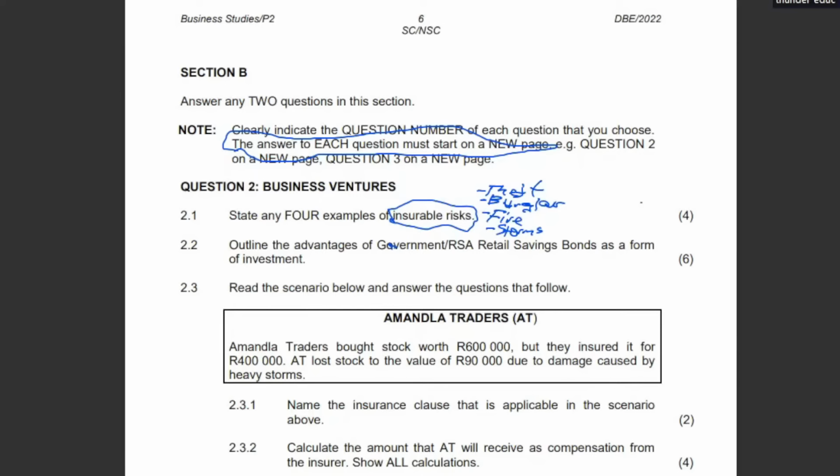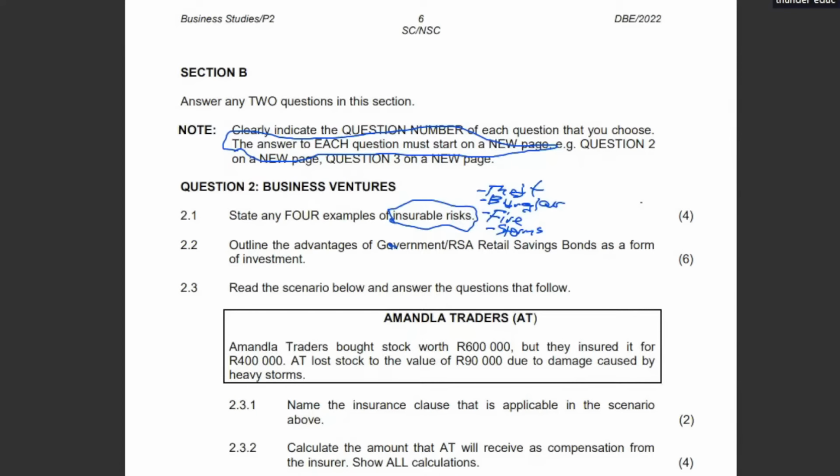Okay, right. So now let's move on to 2.2. 2.2 reads as follows. Outline the advantages of the government or Republic of South Africa retail savings bond as a form of investment. If we check the marks, we have 6 marks. So 6 marks, grade 12, remember, calls for 3 points.